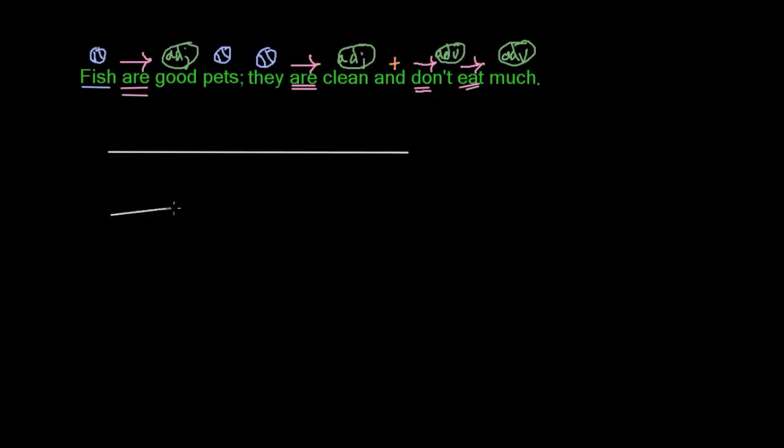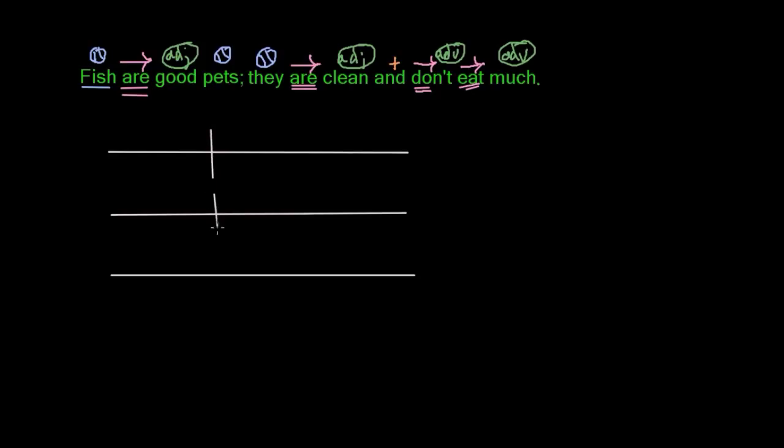We have three independent clauses, so we're going to have three baselines, all three of which are going to have the bisecting line, separating the subject from the verb in each case. We have a subject complement, pets.